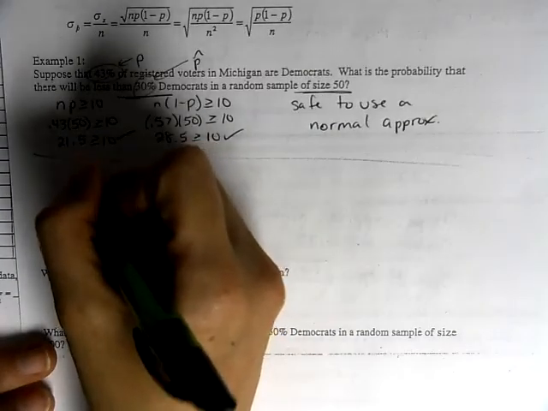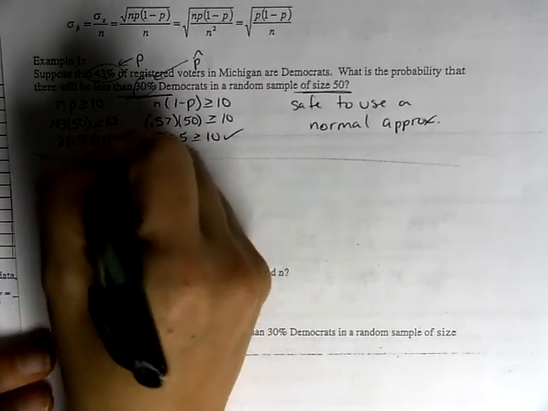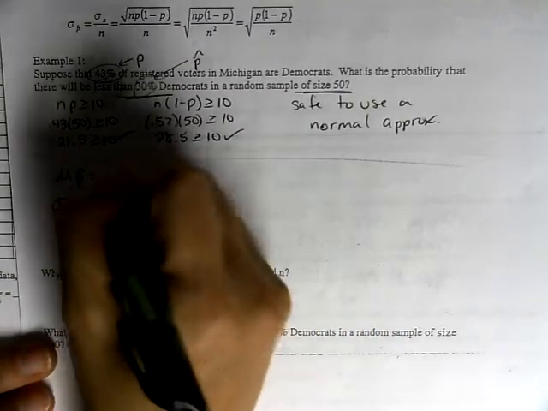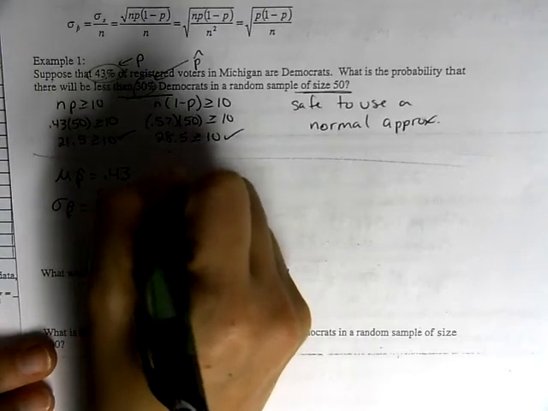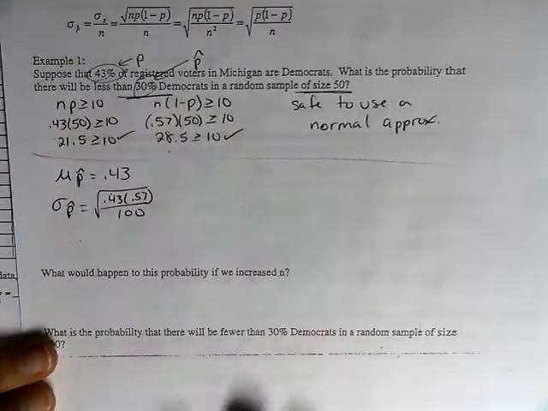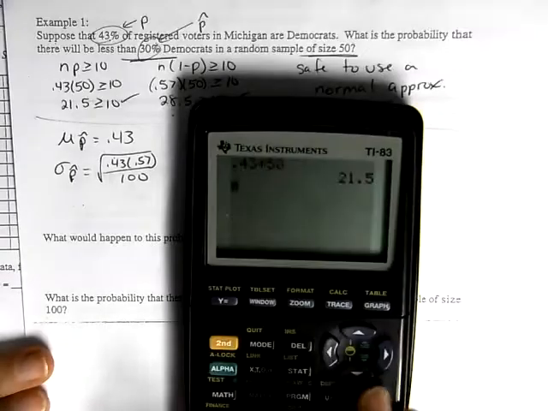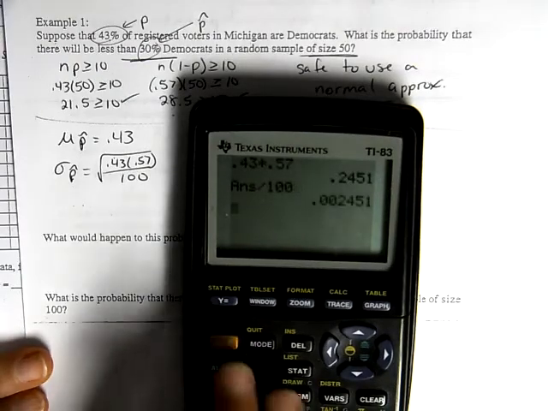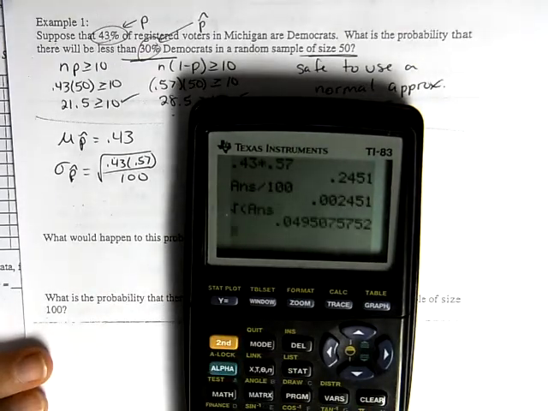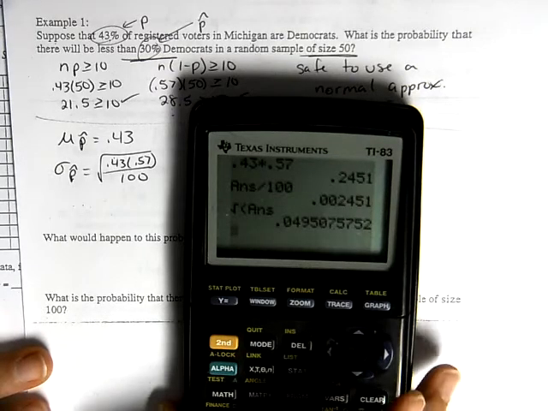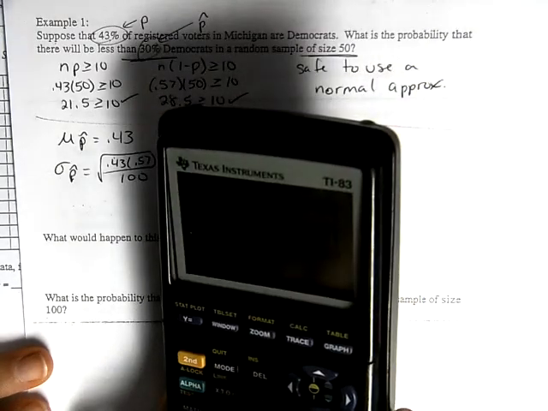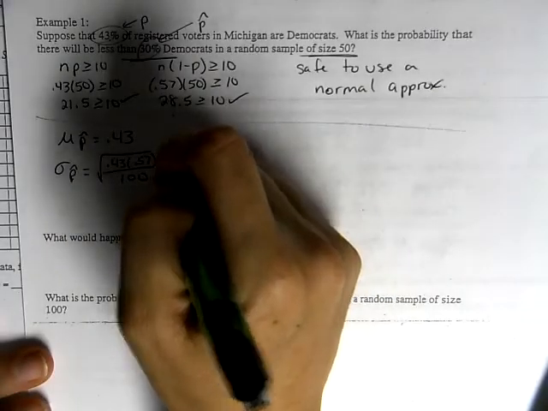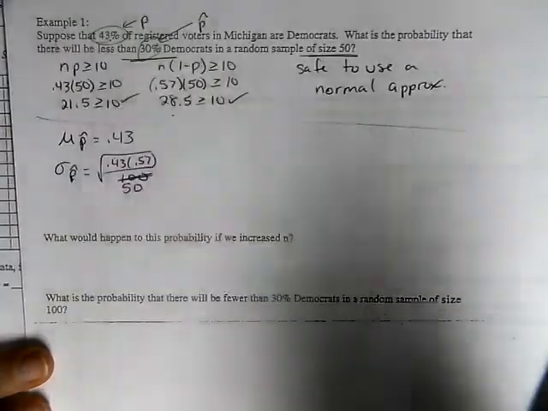So off to the side I'm going to find mu of p hat. Again, that's going to say 0.43. Sigma of p hat is now going to be the square root of 0.43 times 0.57 divided by 100. Oh, not 100. 50.